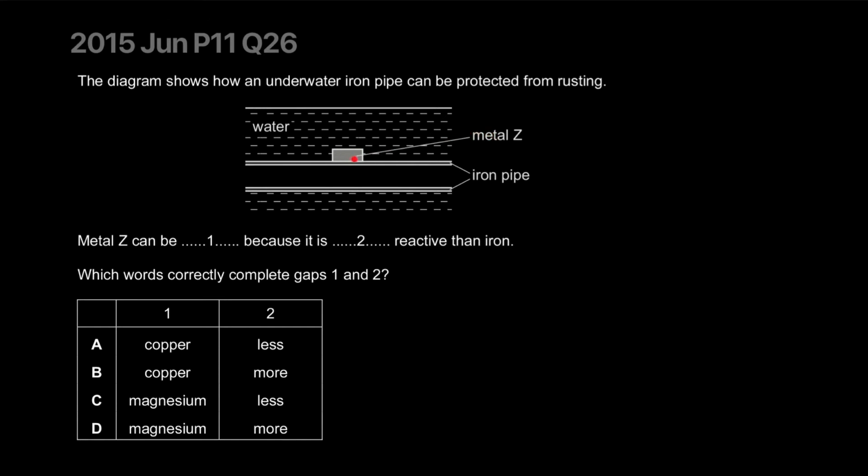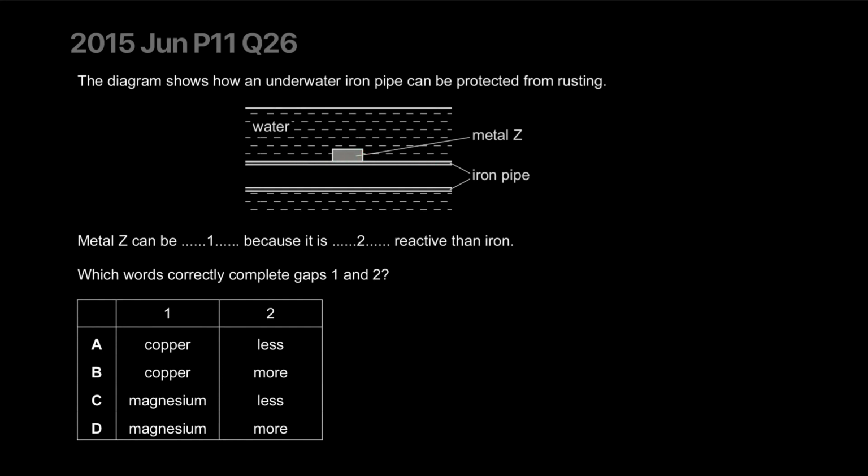And if metal Z is more reactive than iron, what's going to happen is metal Z will say, I'll protect iron, I'll sacrifice myself first. So the chemicals in the water will end up oxidizing this metal first, and once this is completely gone and no more, will the iron start rusting.